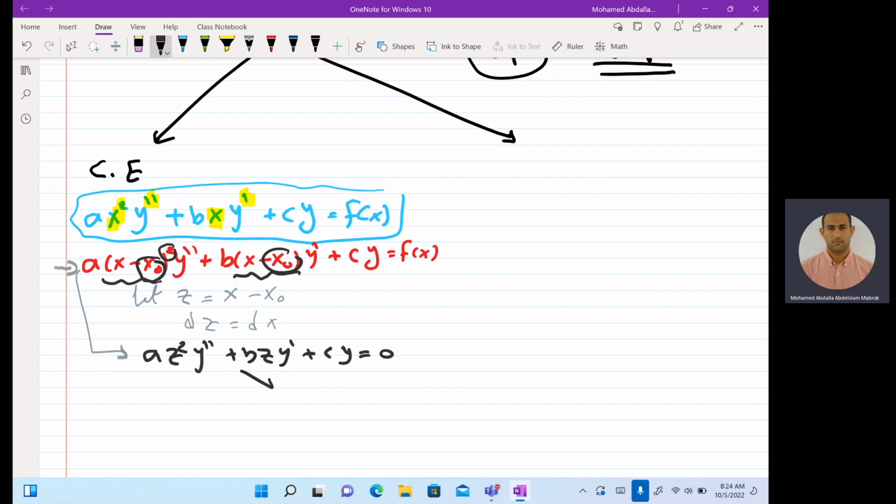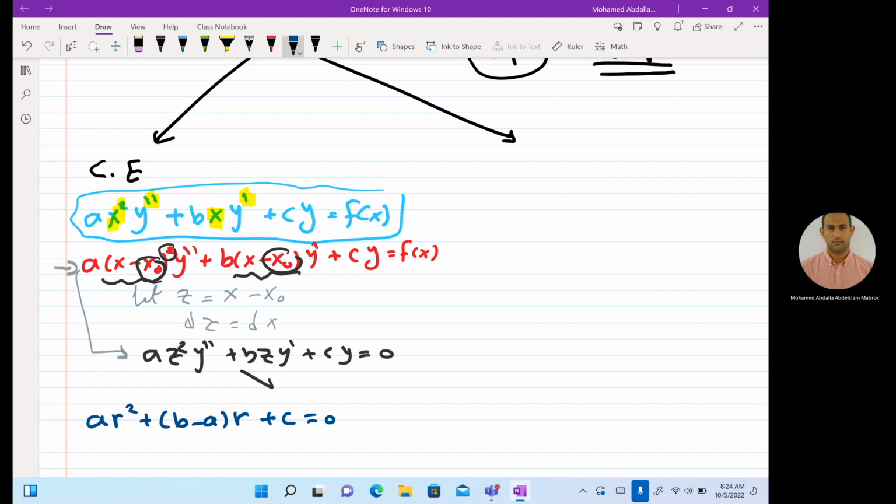How are we going to solve the Euler-Cauchy, or how is Euler-Cauchy solved? That's not a very big problem because it's very similar to the constant coefficient case. How is that? We build the characteristic equation as well, which in this case is a r squared plus (b minus a) r plus c equals 0.